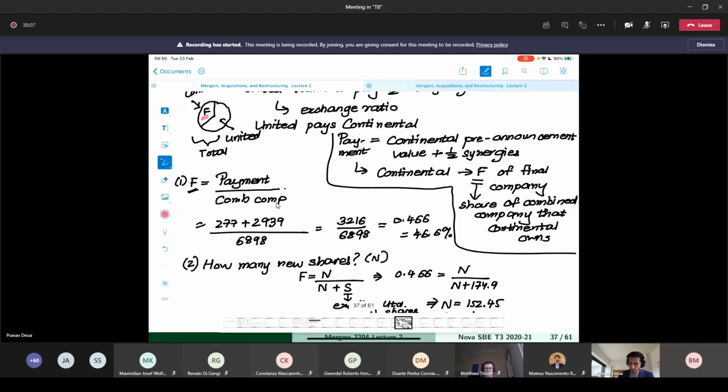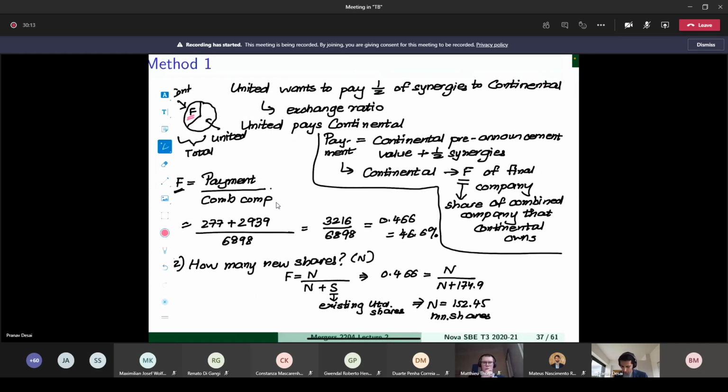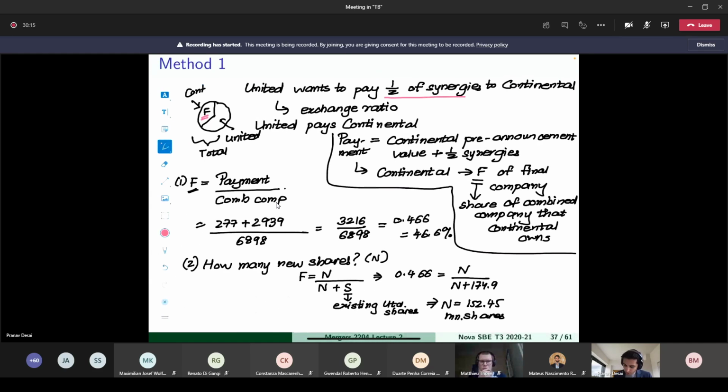So what I want you to pay attention to here is that all of it starts with the decision to pay half of the synergies, and that decision to pay really relies upon the bargaining because neither Continental nor United want to end up with a bad deal.